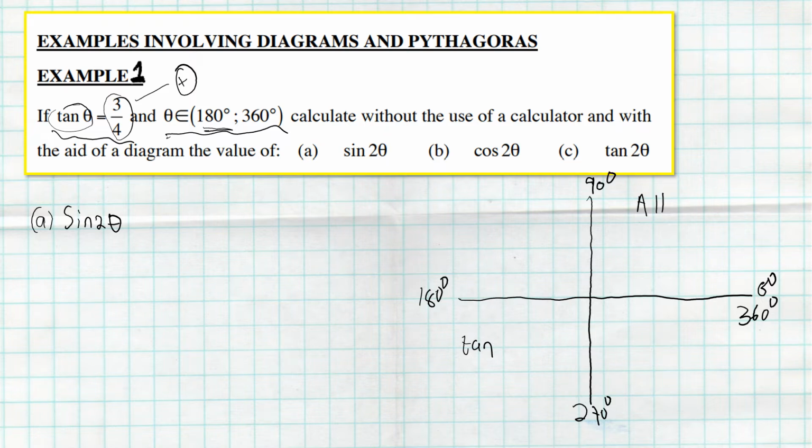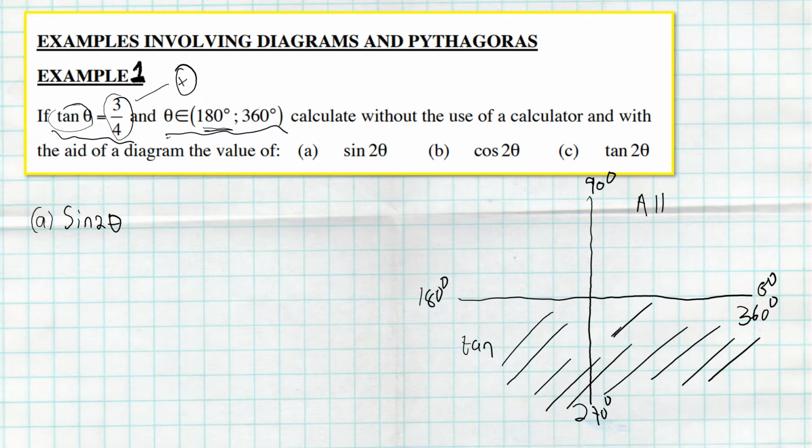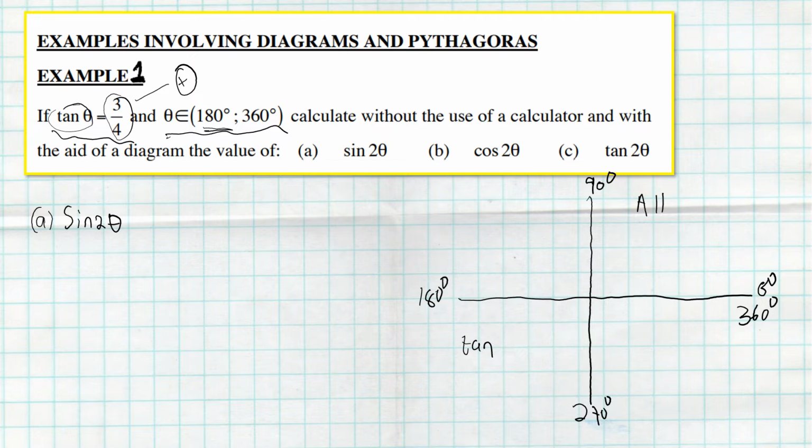So because theta is an element of 180 to 360, it's that quadrant between 180 and 360, right? But we need to draw where our tan is positive, so we definitely know that it's going to be in the third quadrant here, because it's where our tan is positive and it's where our angle is located.